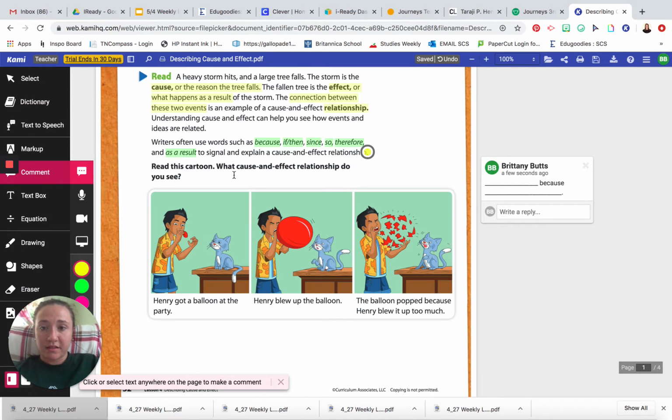Next, we're going to read this cartoon. What cause and effect relationship do you see? So let's take a look at just the pictures first. What do you notice happened? This boy's balloon popped. Before reading the words, why do you think that may be? What is the cause of the balloon popping?